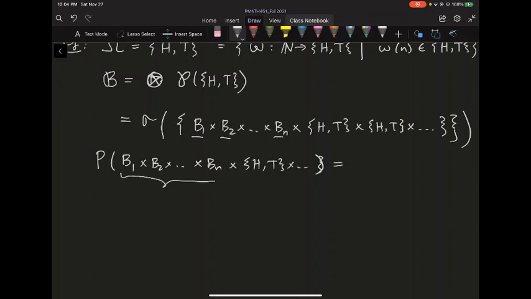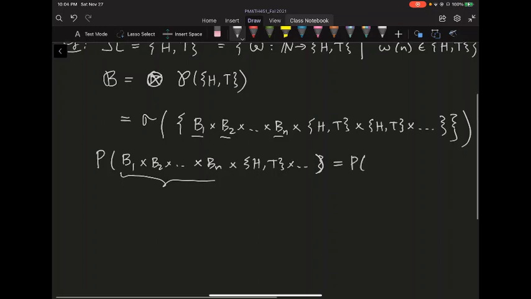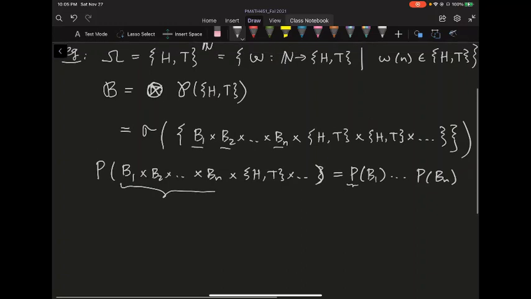So you can say that's the probability of the coin toss happening in B1, second in B2, and so on. Okay, so then you can say that's the probability of B1 times up to the probability of Bn. So here the probability is just the single coin toss happening in its corresponding B_i. All right, so now you have this infinite coin toss measure space or probability space.